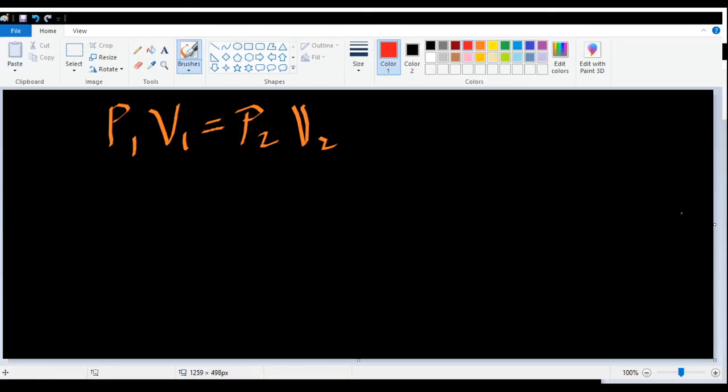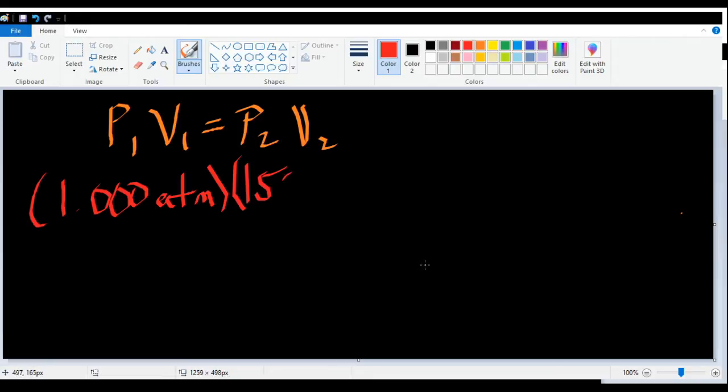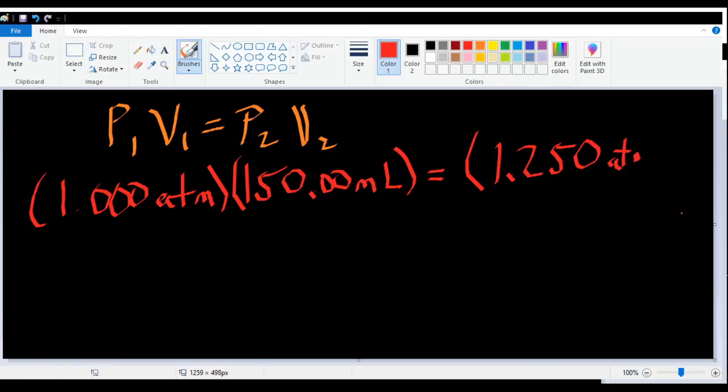The way this sort of problem will work is they'll give you 3 of the numbers and ask you to find the 4th. So it starts at 1 atmosphere and 150 milliliters. And then we increase the pressure to 1.250 atmospheres. What is the final volume?